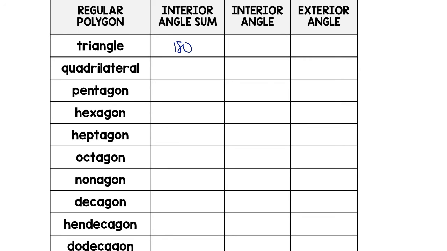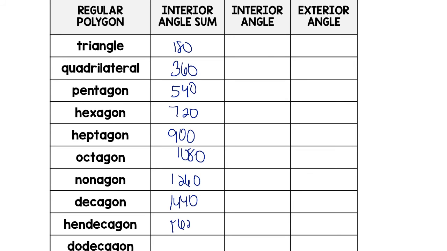These are going to increase by 180 every time. So 360 for a quadrilateral, then 5 sides, 6 sides, 7, 8, 9, 10, 11, 12.